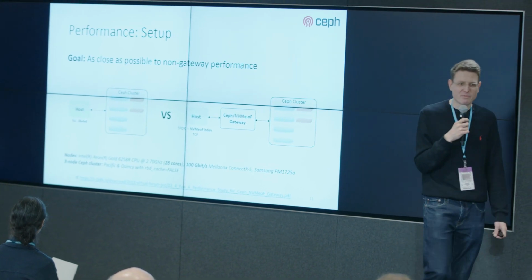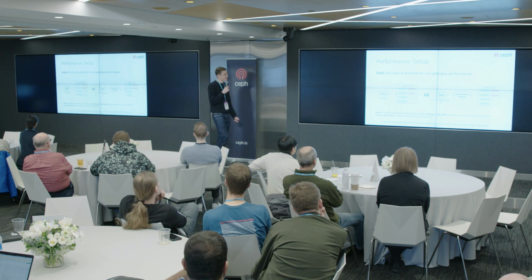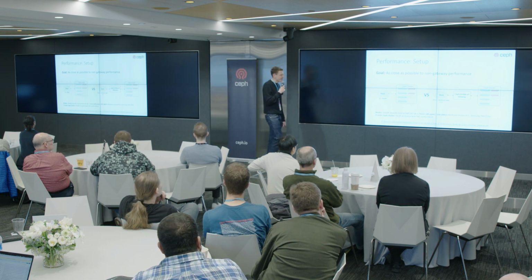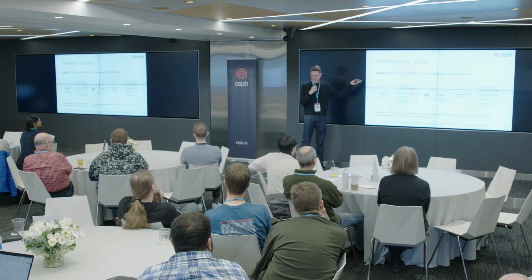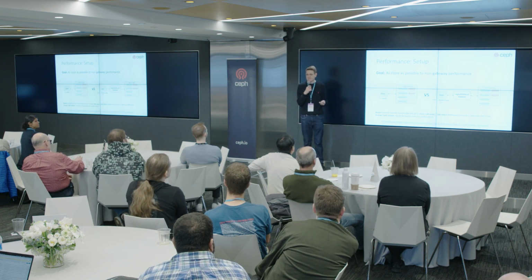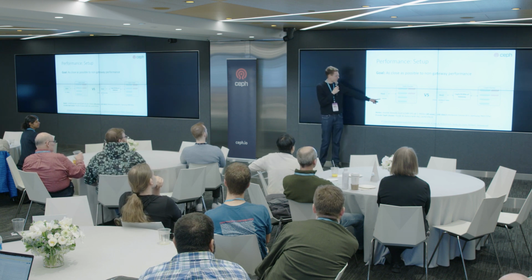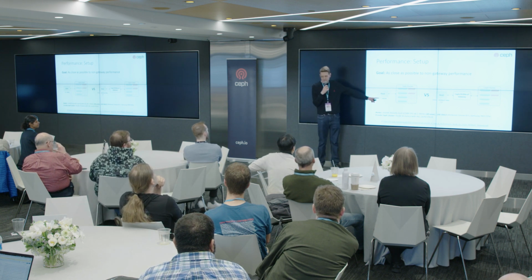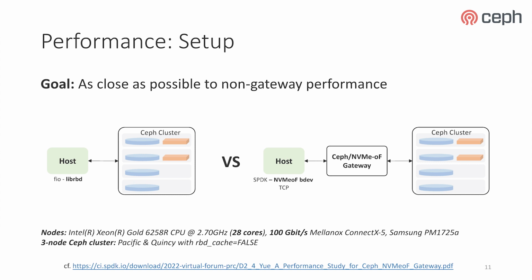Let's talk a bit about performance. The goal was, of course, to come as close as possible to non-gateway performance, as if you would access your RBD image directly from a host to the cluster. Now, as I said before, with the gateway we're introducing an additional hop.